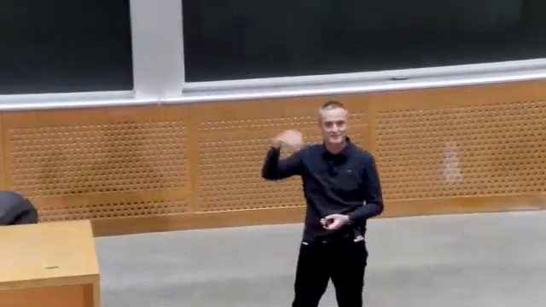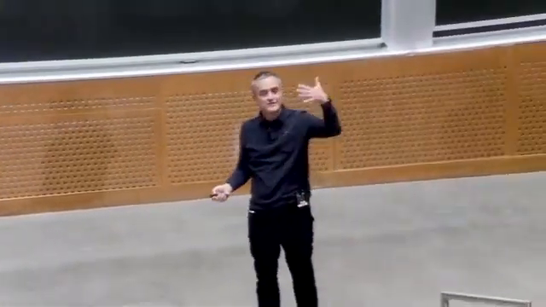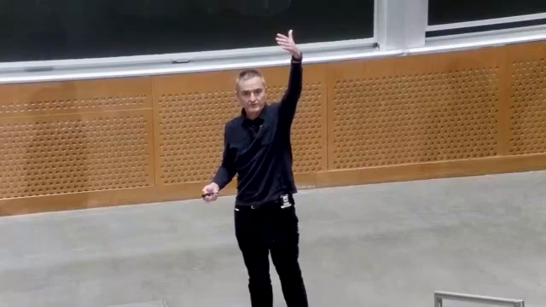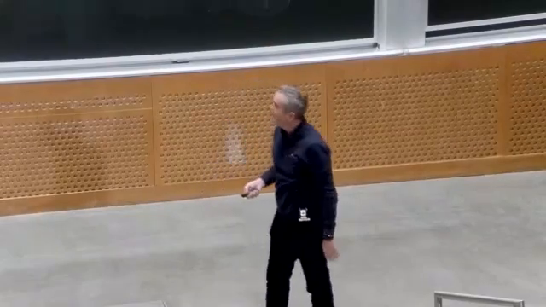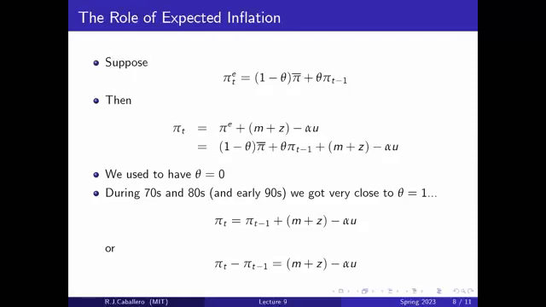Not only is inflation high, but it's also growing over time. That's why people sometimes refer to this formulation as the accelerationist Phillips curve, because now there's a relation between unemployment and the change in inflation.